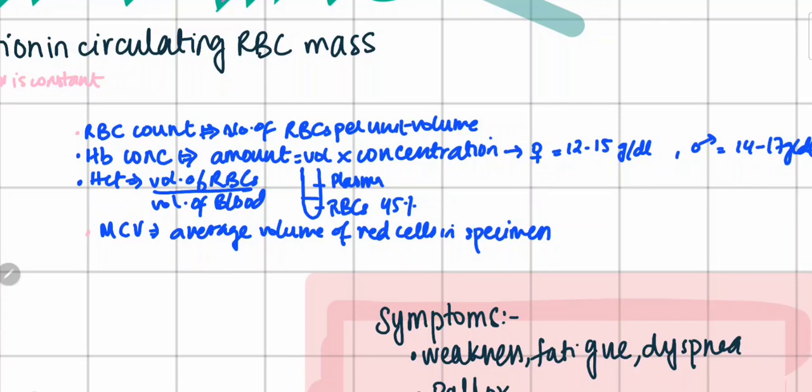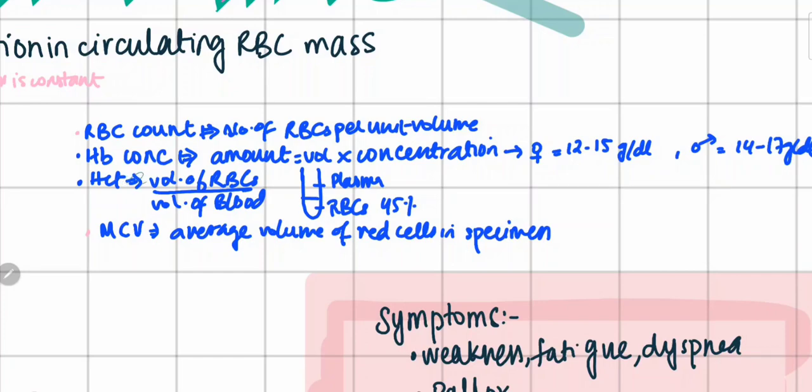We have a formula in physics that amount is equal to volume times concentration. So concentration becomes amount divided by volume, and that's how we have grams per deciliter as the unit of hemoglobin. So it's the concentration of hemoglobin in the blood, and for females it is 12 to 15, and for males it's 14 to 17.